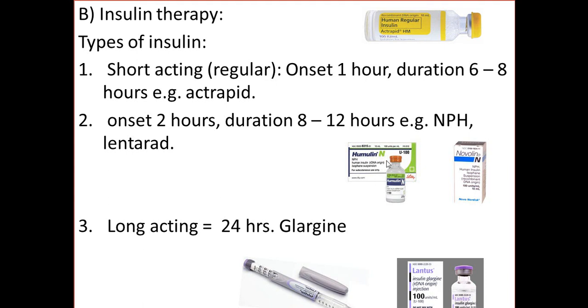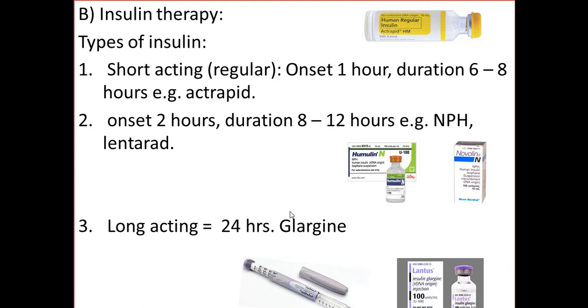Another type is the protamine insulin, and this one has onset within 2 hours, duration 8 to 12 hours, and this is the name, Lente. And the last one is the long-acting. It acts for 24 hours, Glargine.